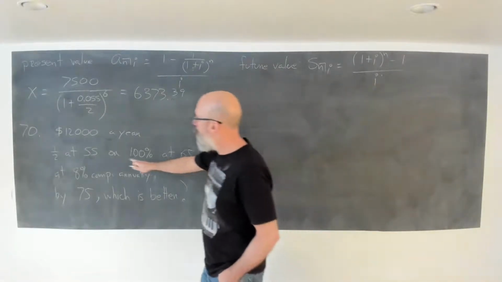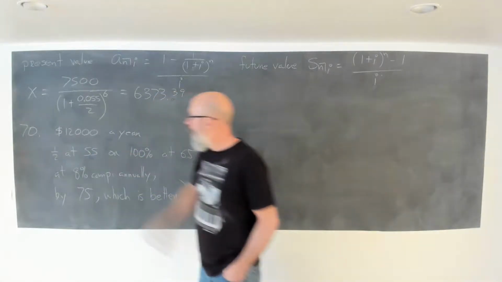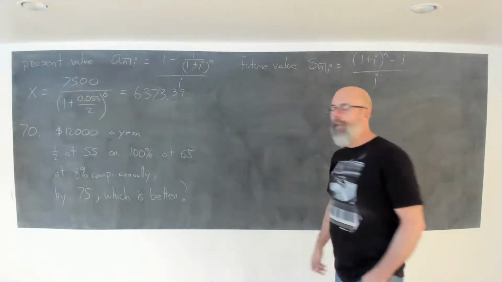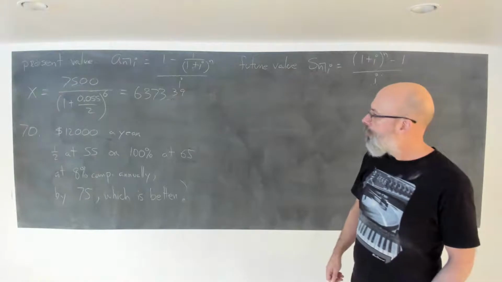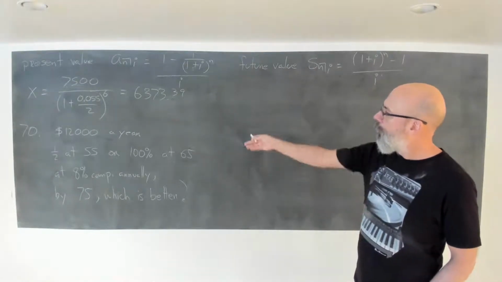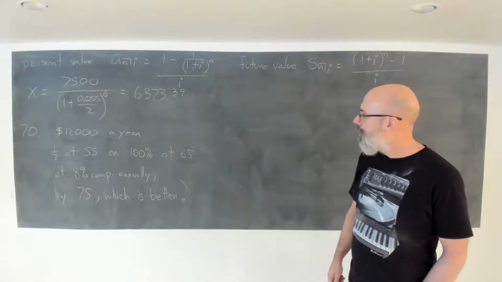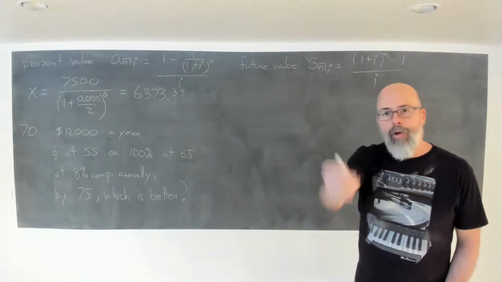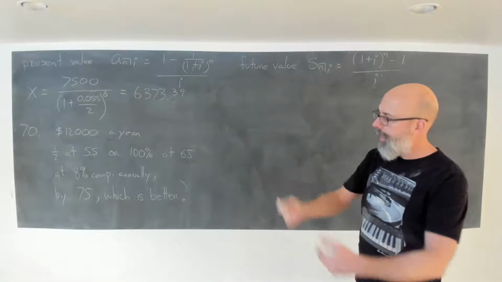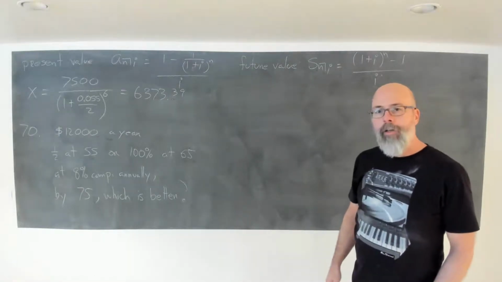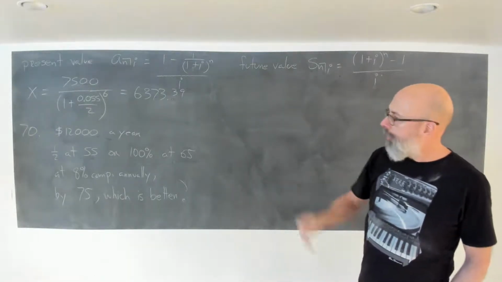So here's the question, which is better? Do you want to take a half pension starting at 55, or do you want the full pension starting at 65? So as Annie suggests, let's calculate the future value, the accumulated value.